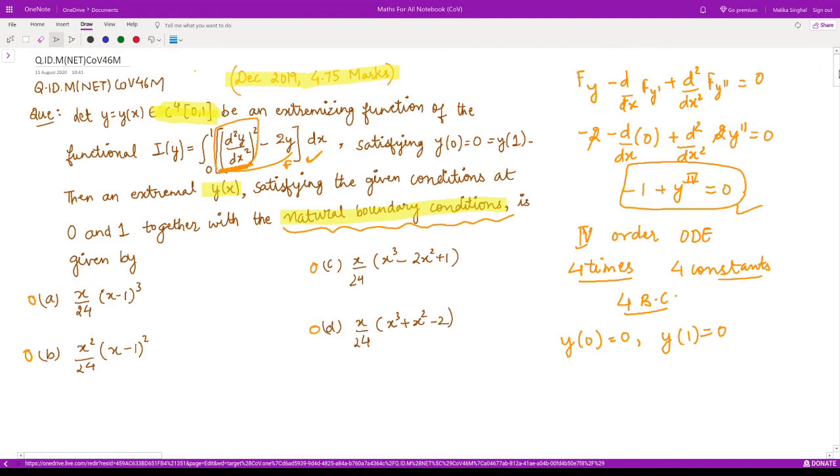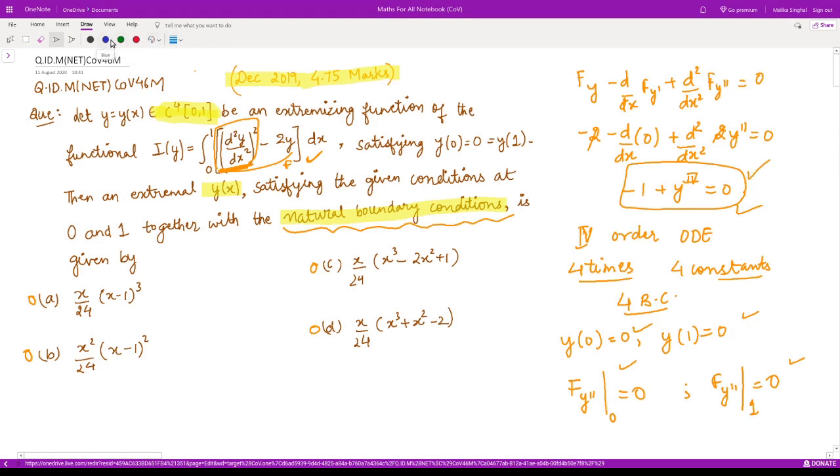So the natural boundary condition here would be that if this is f, then the derivative of f with respect to y double dash at the point 0 is equal to 0 at the left boundary, and at the right boundary f y double dash at the point 1 is equal to 0, right? So these four are the conditions that we would be using to solve this differential equation.